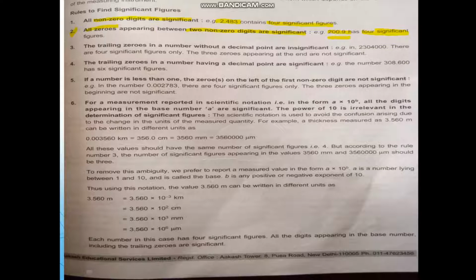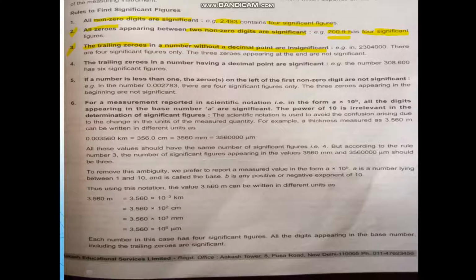Now let us see the third rule. The trailing zeros in the number. Trailing zeros means the zeros at the end in a number without a decimal point are insignificant. They are saying that if the number is without a decimal point, all the zeros at the end are not significant.